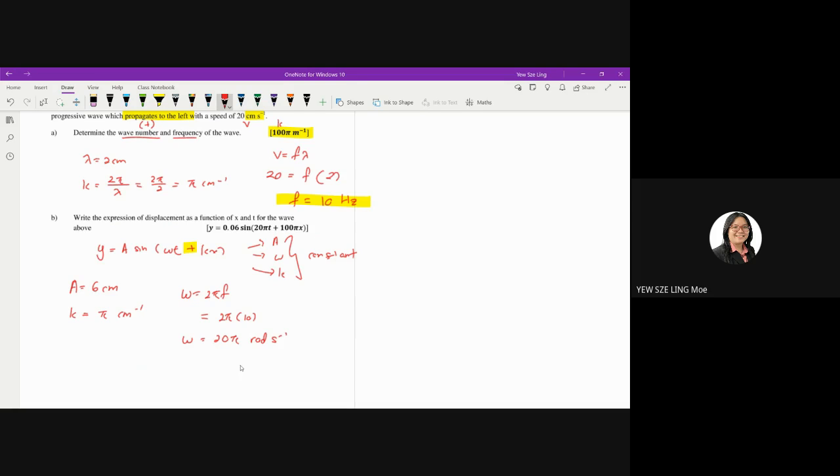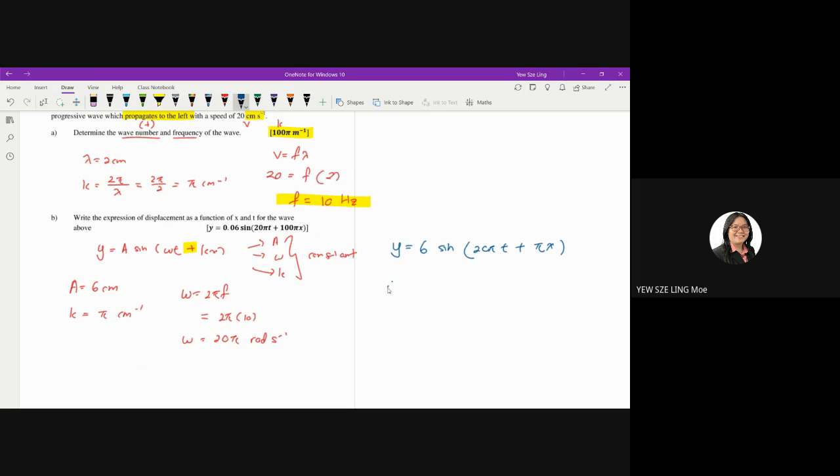Now I'm going to substitute all of them into the equation. So I have y equals 6 sine (20 pi t plus pi x). So this is my equation.